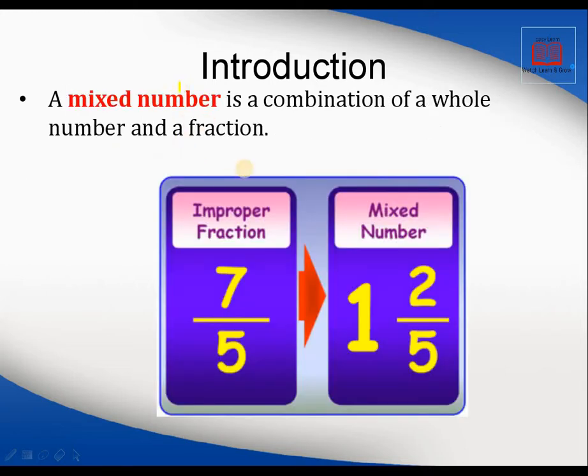Mixed number: an improper fraction can be further converted into a mixed number. For example, 7 divided by 5, the numerator is greater than the denominator, so it is an improper fraction, and we can split this improper fraction into a mixed number. We will discuss the mixed number in the next slide.